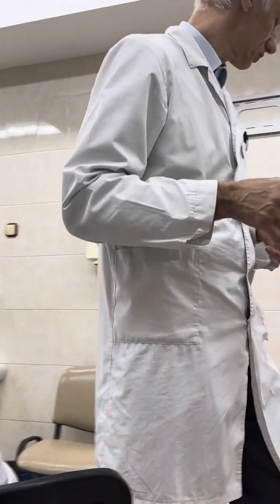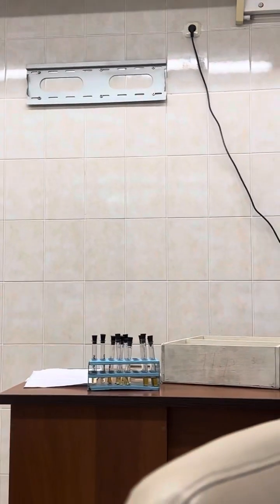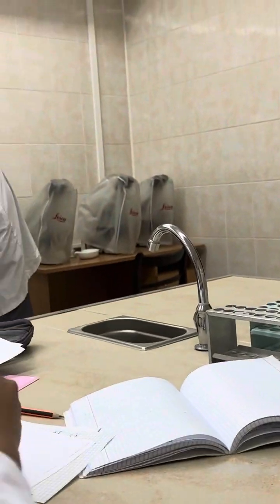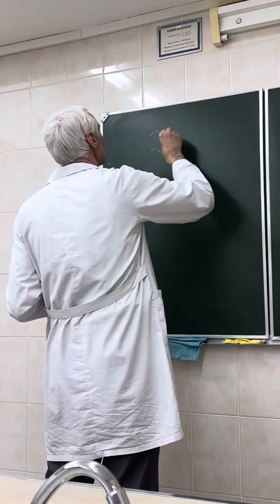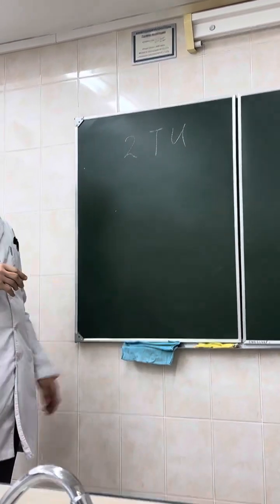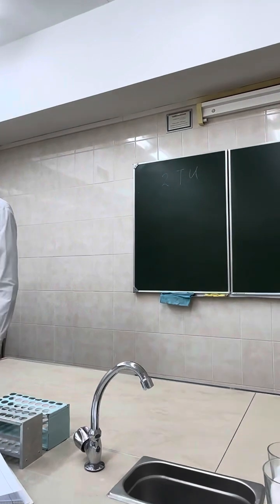So, intracutaneous injection. How is it made? Intracutaneous injection of so-called 2 tuberculin units, usually STU, standard tuberculin units.